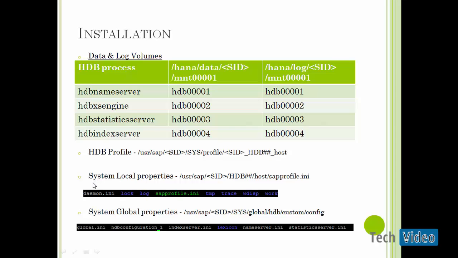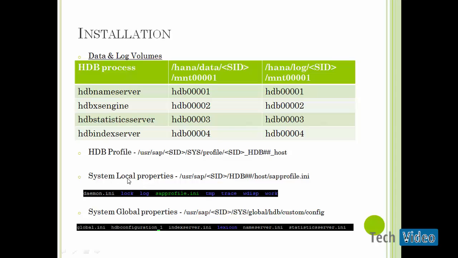Next, there are some property files, also named INI files. There is something called system local properties and system global properties, and the location for both is different. System local properties will define properties locally for the system. Say for example we have a multi-node system where there are multiple hosts.